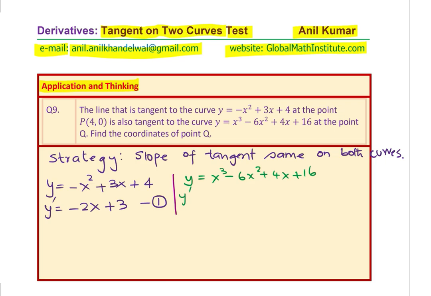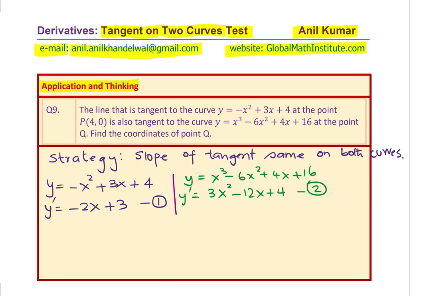And so the derivative will be 3x squared minus 12x plus 4. Now the idea is the derivative actually gives you the slope, right? So that gives you the second equation. And if we equate these two equations, we do get the slope.